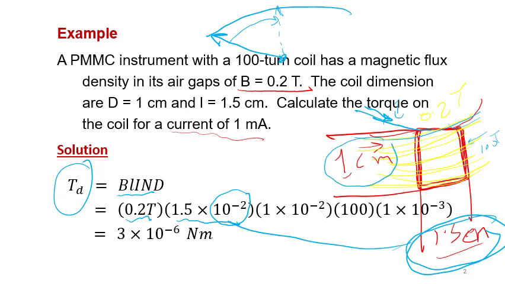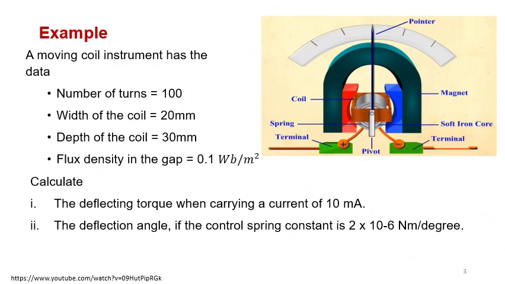Similarly, the depth is expressed in meter, so it's 1 into 10 to the power minus 2, multiplied by N, the number of turns, multiplied by the current I. When we calculate this, we find that TD equals 3 into 10 to the power minus 6 Newton meter, or 3 micronewton meter. Another example here.